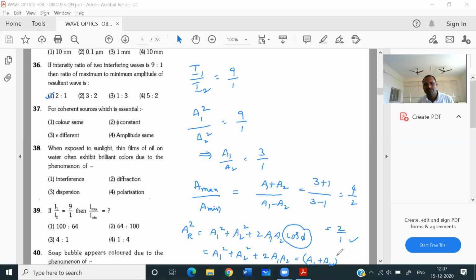So the square cancels, and we get A maximum as A1 plus A2. And minimum will be A1 minus A2. So 3 plus 1 by 3 minus 1, 4/2, 2/1 is the answer. Option 1 is the right answer. Did you get it, students? Clear? So question number 36, option 1 is the right answer.